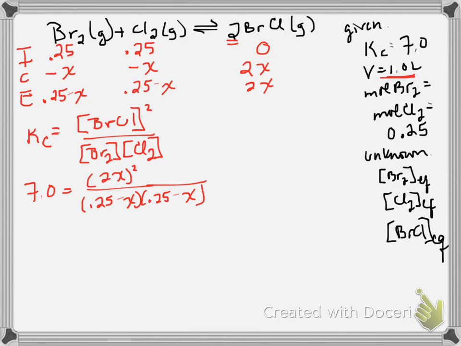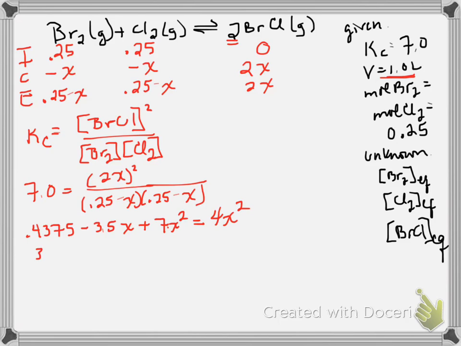If you factor everything, one of the intermediate steps I get is 0.4375 minus 3.5x plus 7x squared equal to 4x squared.